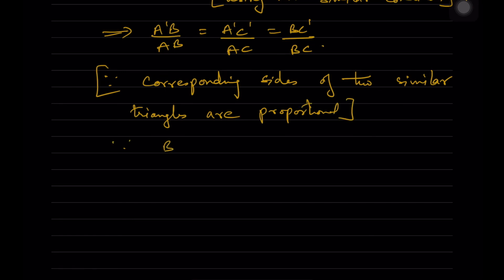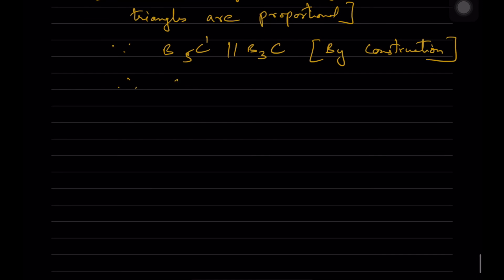Since B5C dash is parallel to B3C by construction, therefore triangle B5C dash is similar to triangle B3C using the double similar condition.